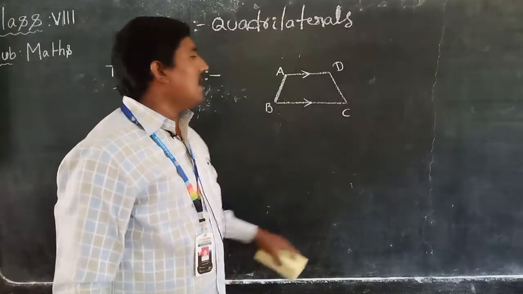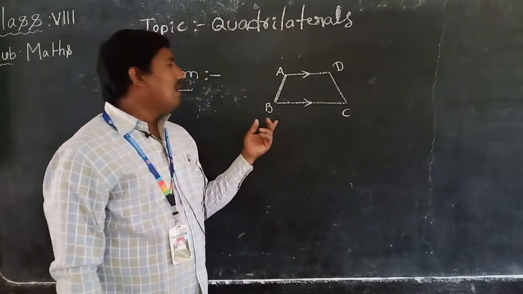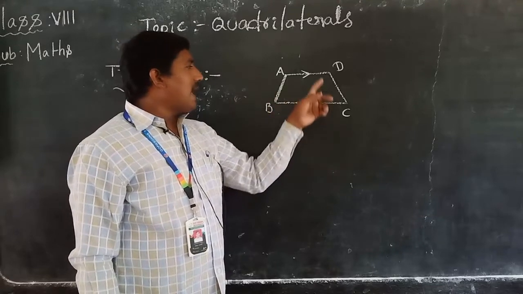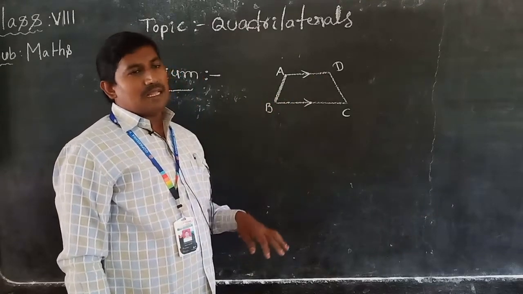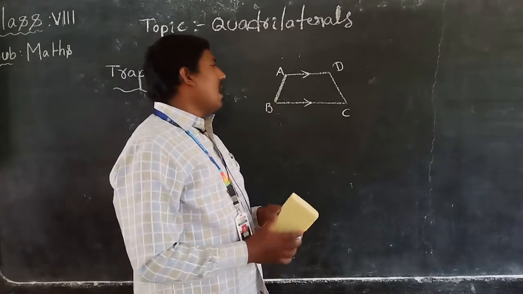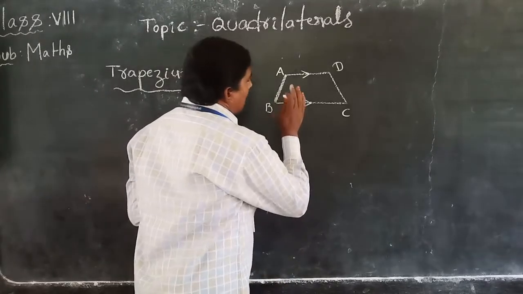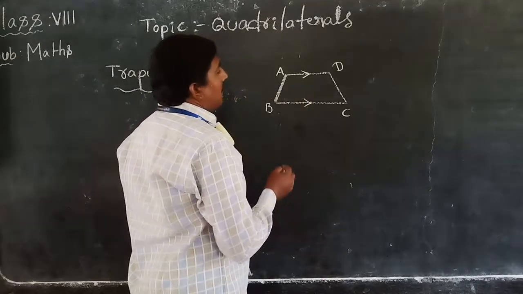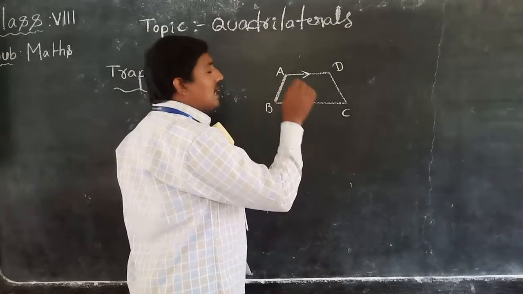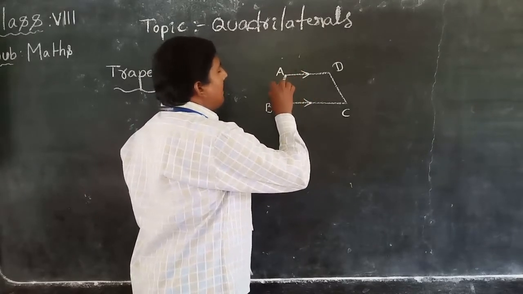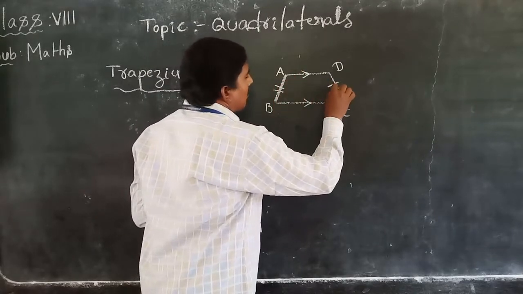See, in a trapezium we already know 4 sides, 4 vertices, 2 diagonals, 4 angles. Those are all satisfied. Also, maybe in a trapezium, the non-parallel sides are equal.